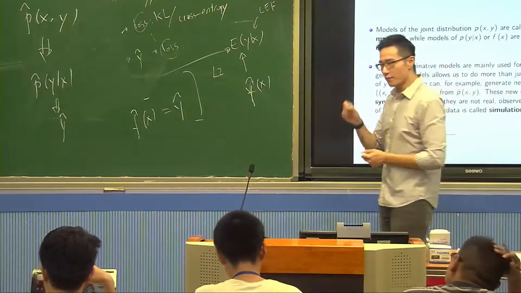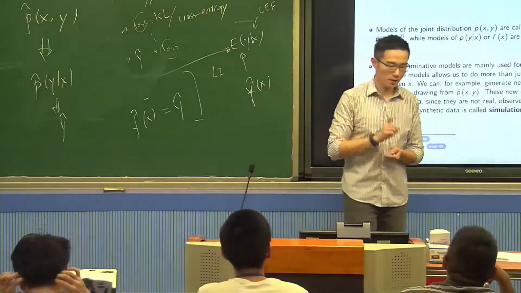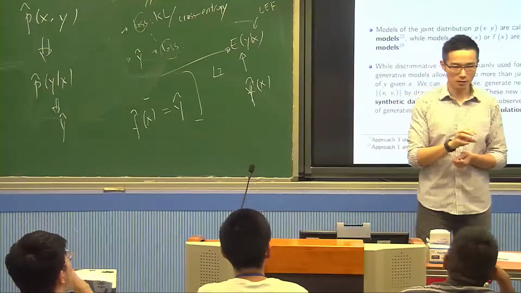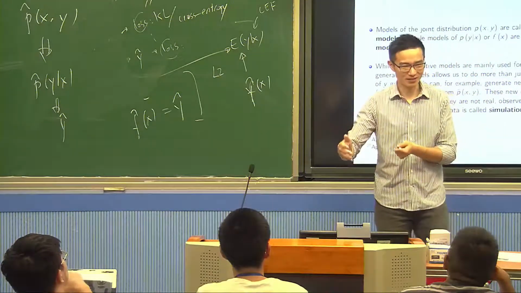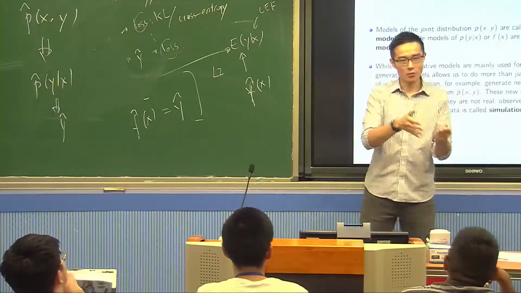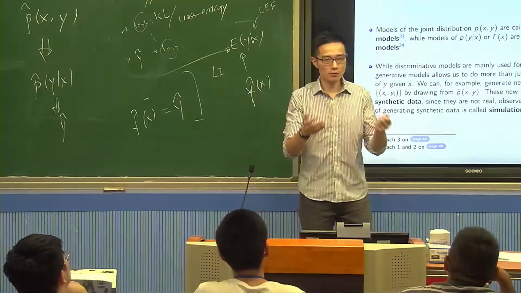Now, one of the benefits of a generative model that a discriminative model cannot do. The first thing we established is that once I estimate the generative model, I can always use it to get the discriminative model. So given P(x, y), I can always use it to get P(y given x). But why do we do the additional step?